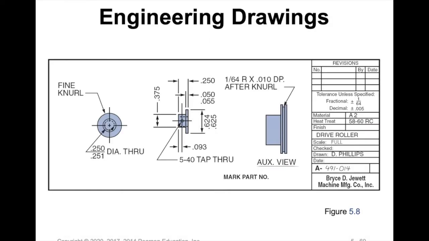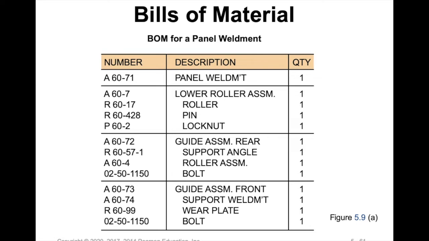So this is an example of engineering drawings of, what is this thing? So this is a drive roller, drive roller. Next we look into the bill of materials, also known as BOM.